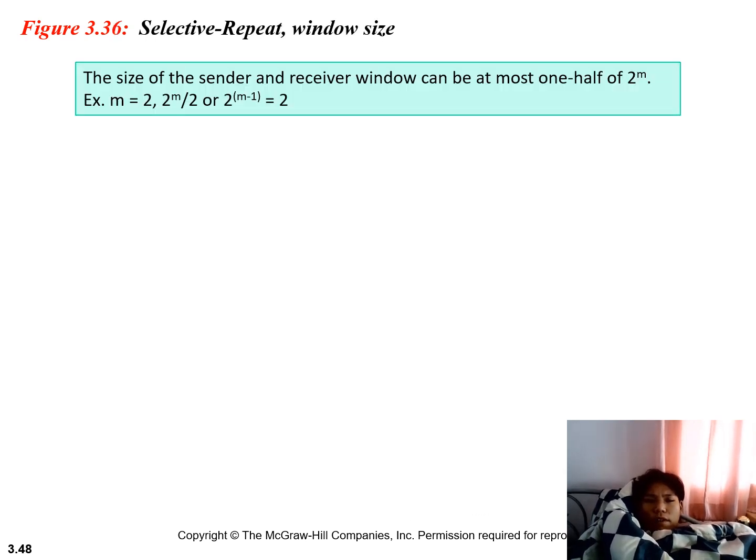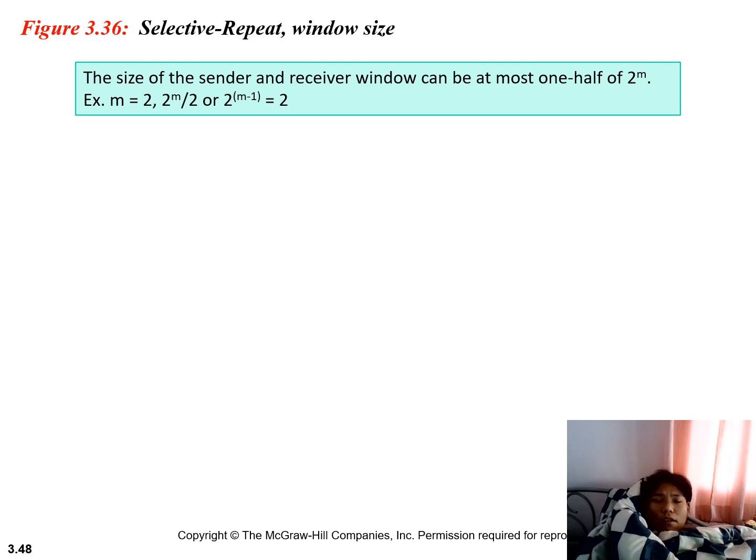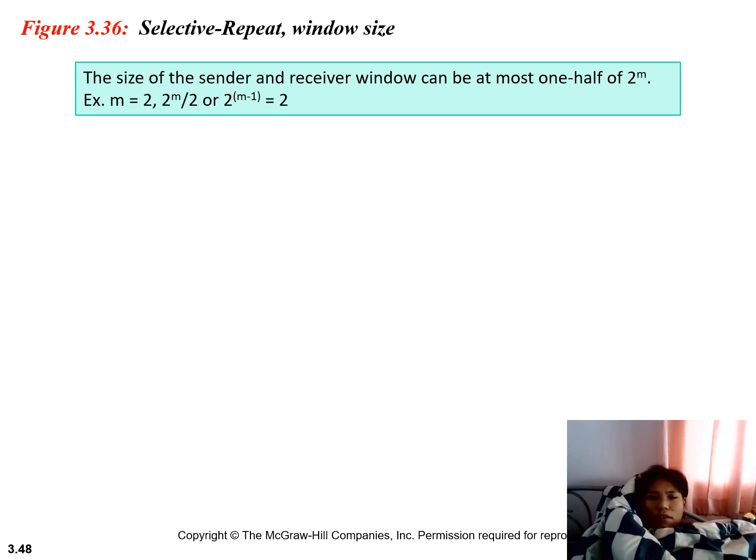The size of the sender and receiver window can be at most one-half of 2^m. Example: if m equals 2, the window size is 2^m divided by 2, or 2^(m-1), which equals 2.